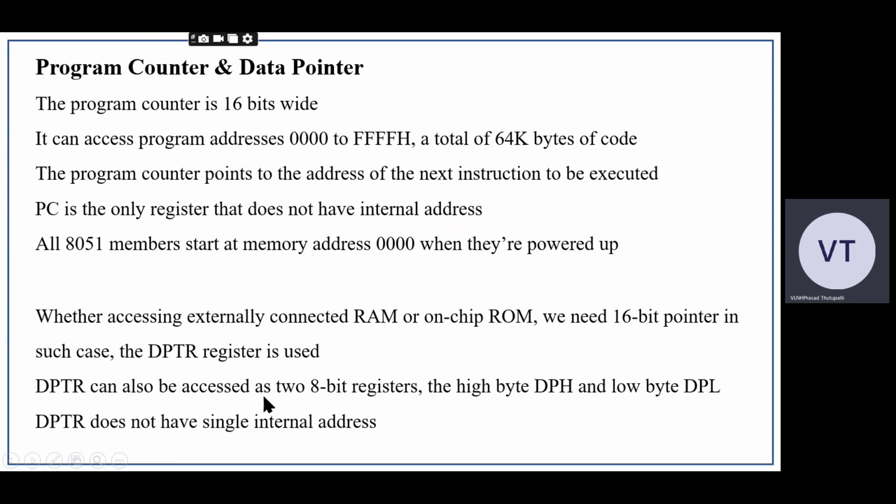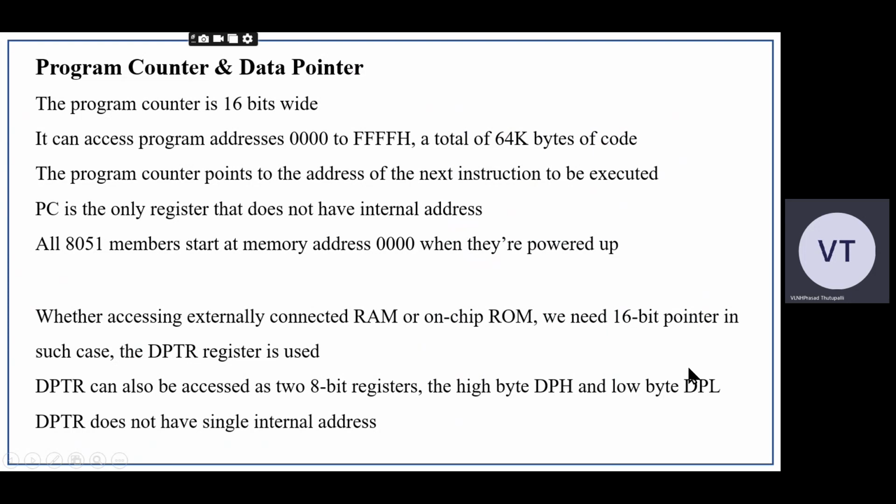Coming to the data pointer, it can be accessed as two registers: DPH, data pointer higher, and DPL, data pointer lower. DPTR does not have a single internal address. You can use DPTR as higher separately and lower separately.